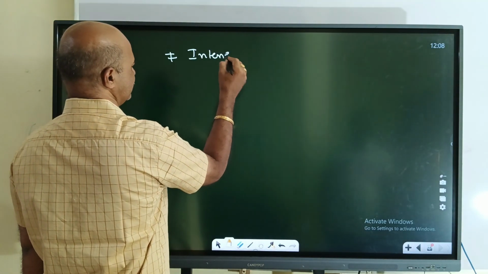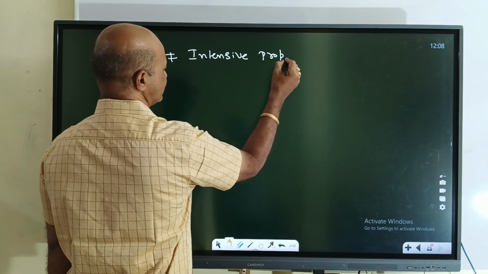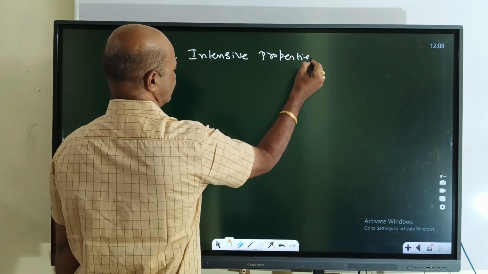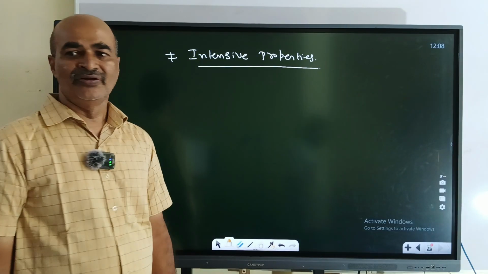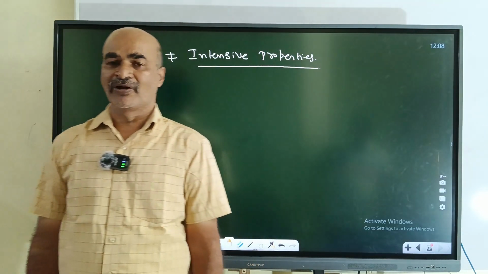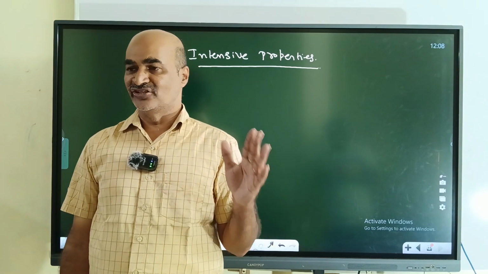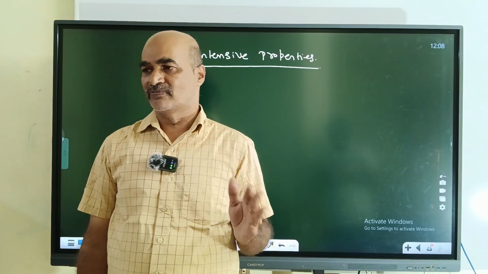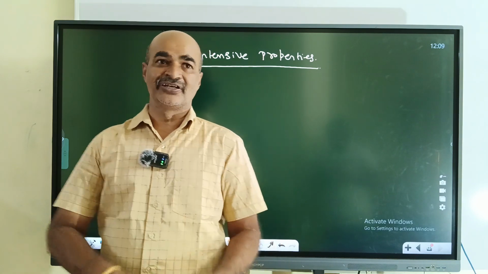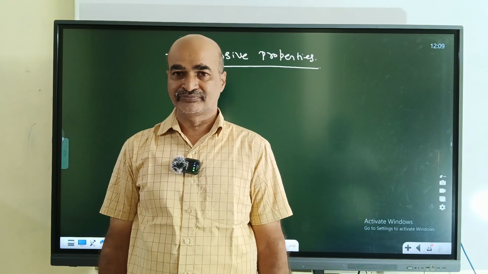Intensive properties. What are intensive properties? Property whose value remains unchanged when the system is divided into smaller parts. For example, the entire room pressure is 1 atmosphere.